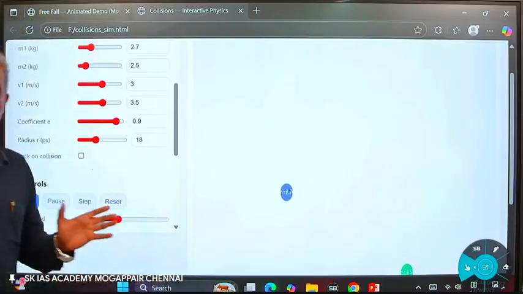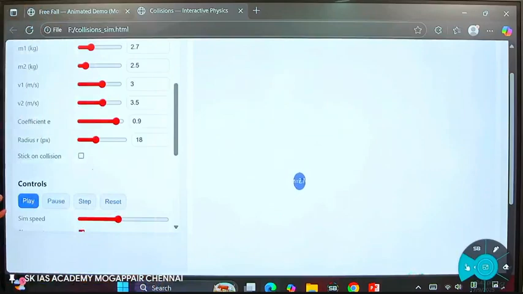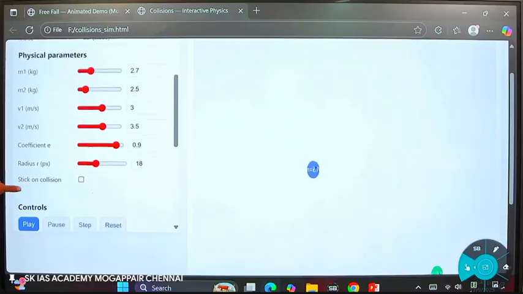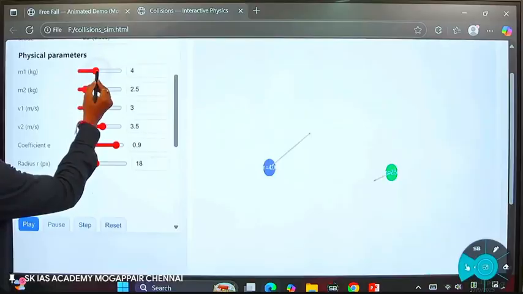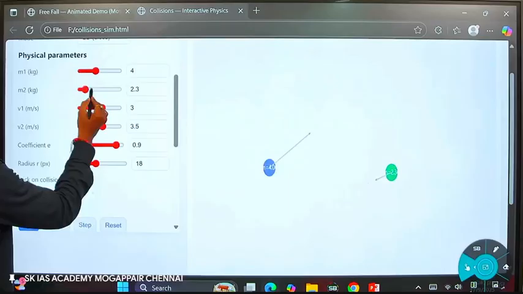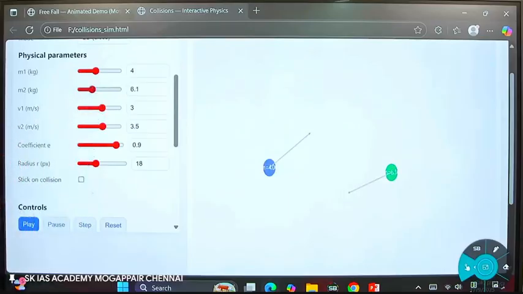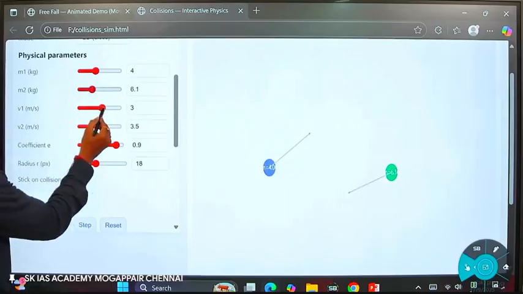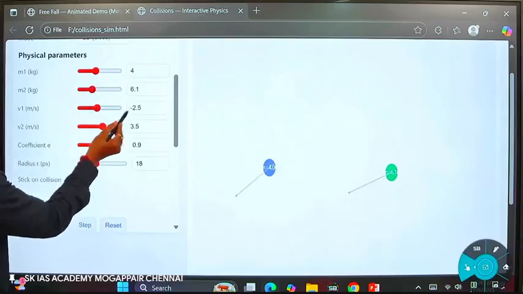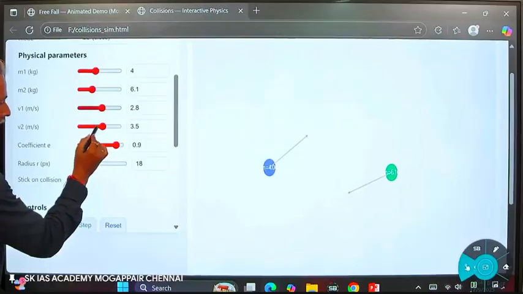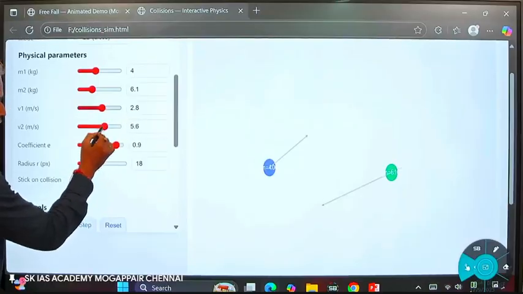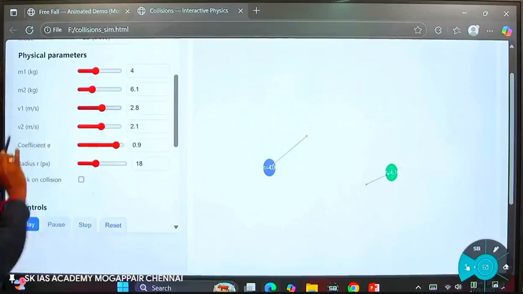Again I am going to do the 2D collision. Okay, in the 2D collision, mass I am going to increase like 5 kg, 4 kg, m2 also 6 kg. Okay, velocity also 2.8, v1 velocity of mass 1, v2 velocity of mass 2, 3.5, same 5 point, yeah, like that.